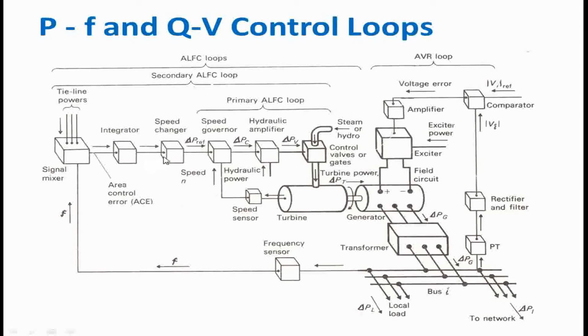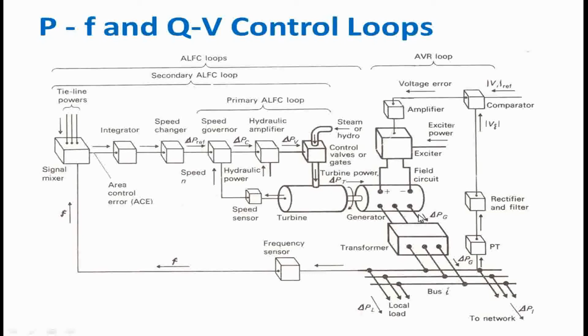So the lower command is going to have a control on the valve, and due to that control on the valve it is going to reduce the input coming into the turbine. Thereby we have the reduction in the speed of the shaft. If the speed reduces, obviously the frequency will get reduced, and thereby we have a change in frequency by maintaining the power balance. This is how the primary load frequency control loop works.